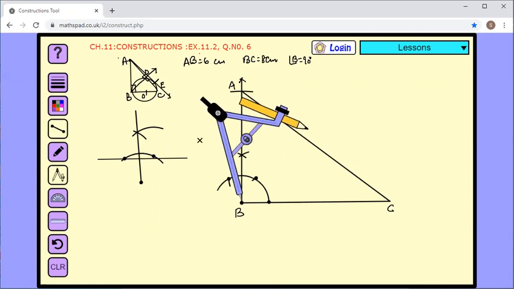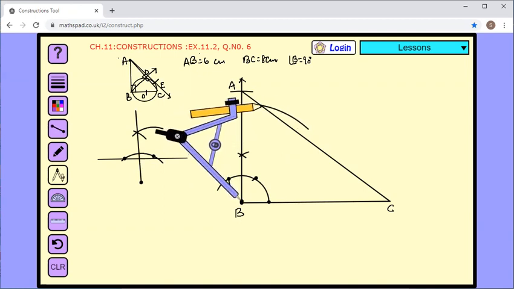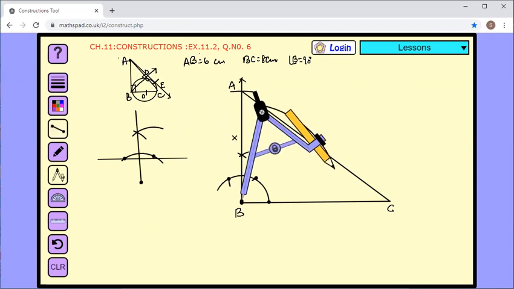And then fix the radius and put an arc on the line such that it will intersect the line at 2 places.